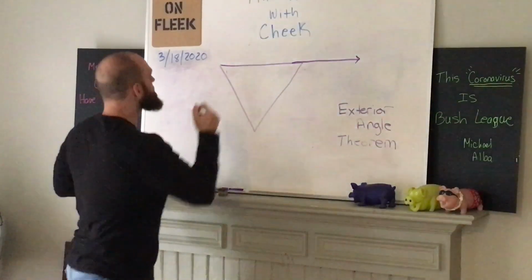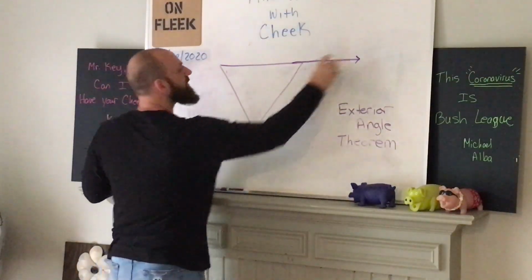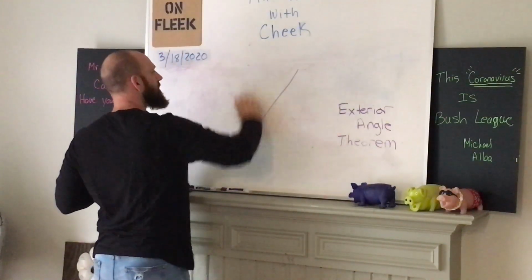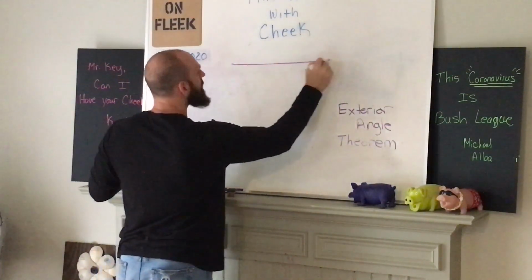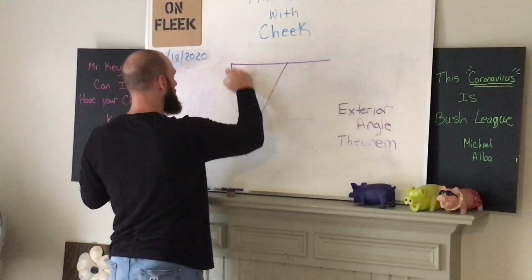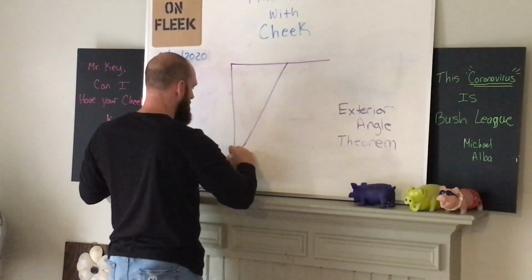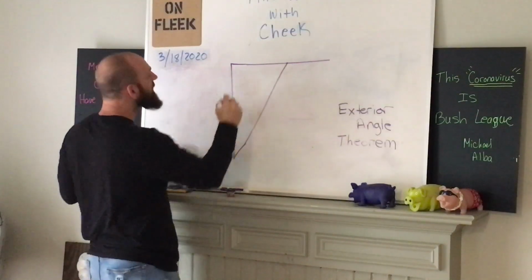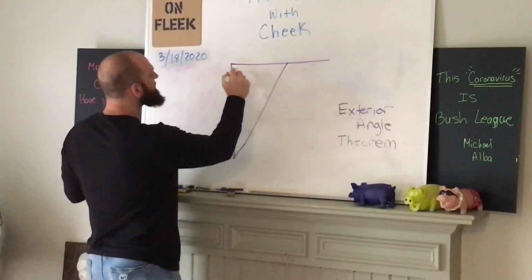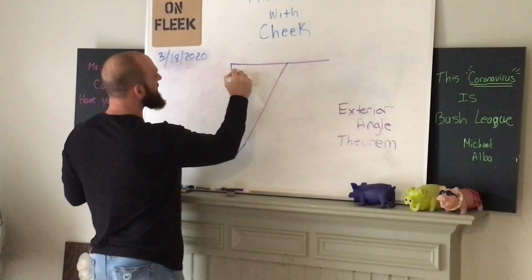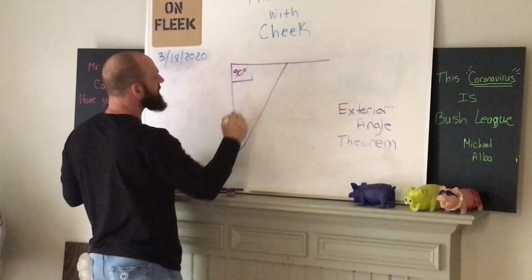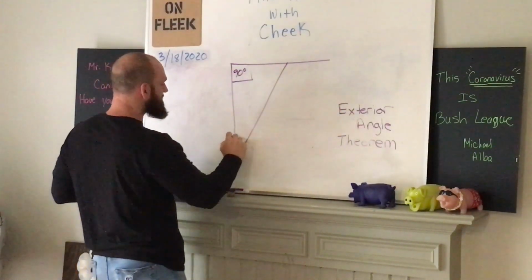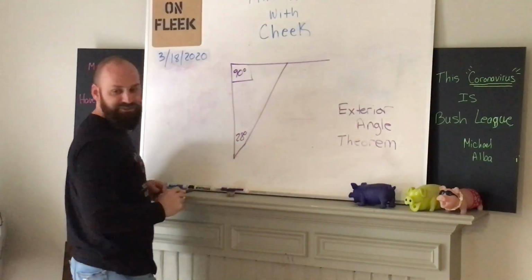All right, so let me erase my triangle here and get a different one. Something like this. Right now this looks like 90, but we'll just say that's 90 degrees right there, okay? And this is 28 degrees.